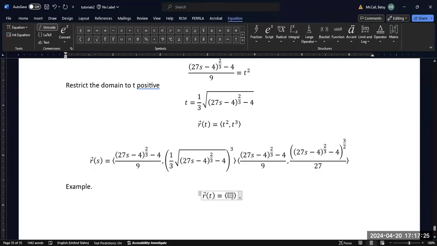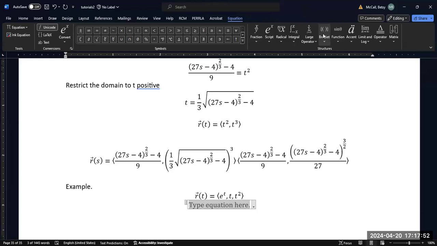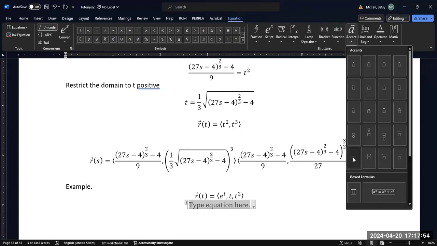So, for example, if I had some kind of e in my function. Now, if I have some kind of t and t squared, I may be able to do that integration by itself with trig substitution or something. Not a picnic, but potentially doable. But I throw an e in there, and then I try to take the arc length of this, and it's not going to be a picnic.